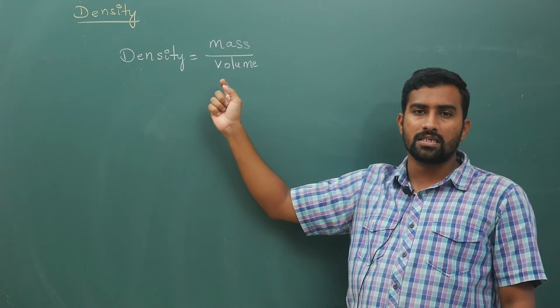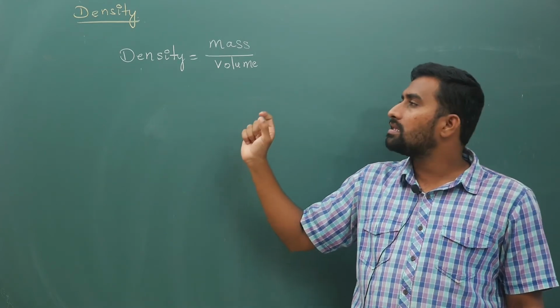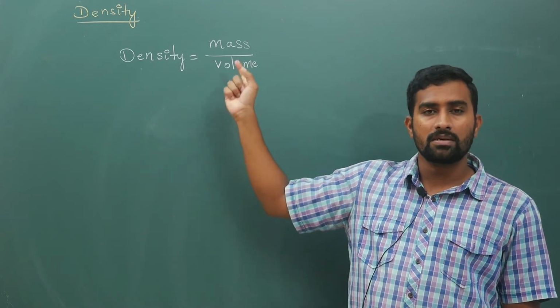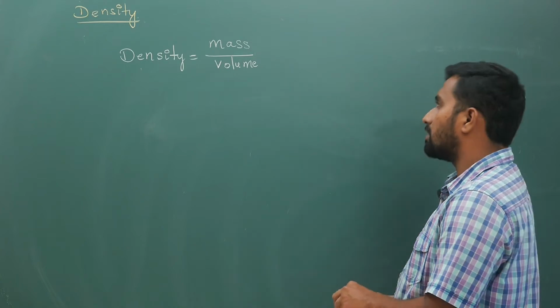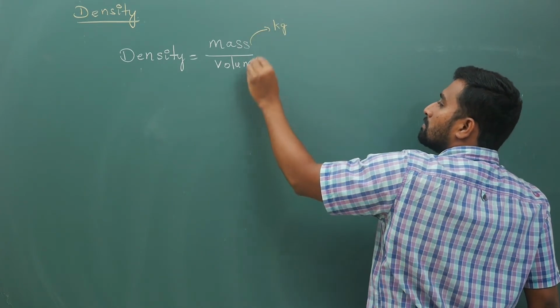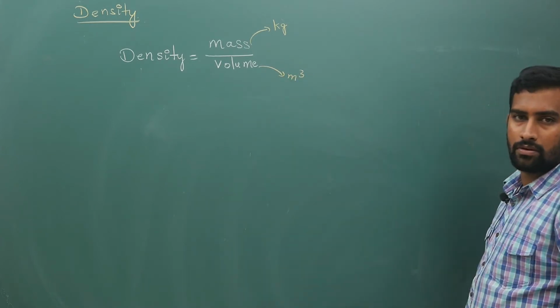Your volume and density will change with respect to temperature. Anywhere if these questions are related to thermodynamics, look at the variation, but mass will remain constant. Now coming to your density unit, the numerator is mass in kg and the denominator is volume in meter cube.